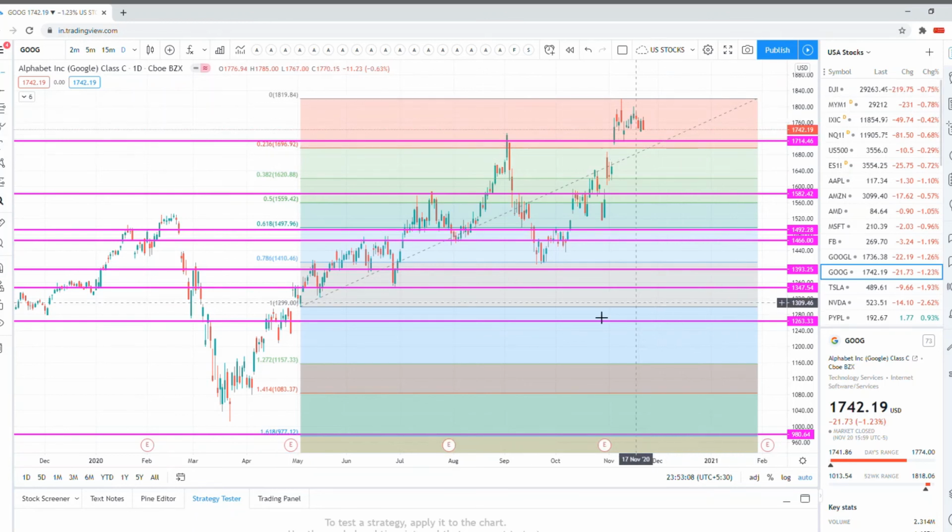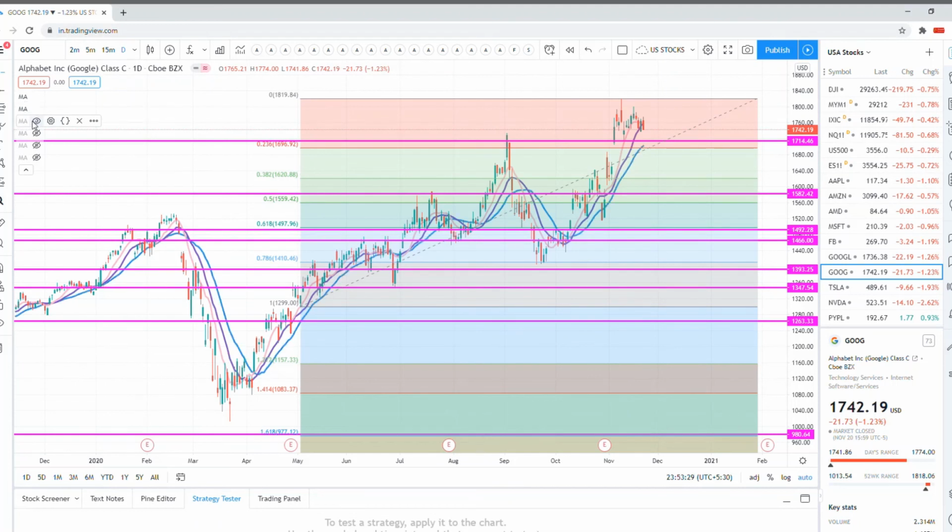So now let's go and check what the moving averages are going to say about the Alphabet class C. Now let's first look at the 8-day moving average, then the 13-day moving average, the 20-day moving average, and the 50-day moving average.